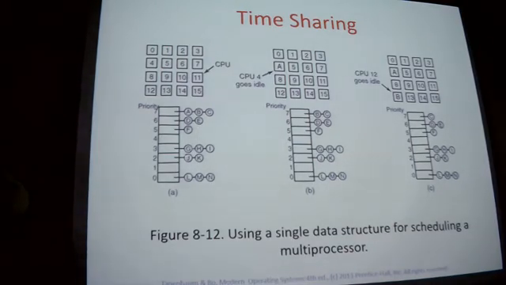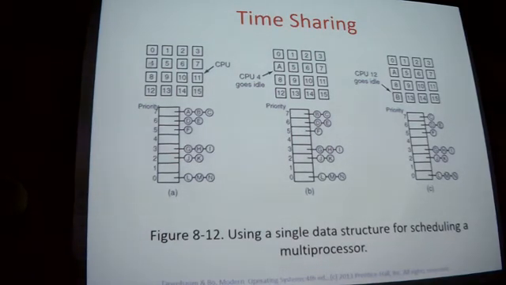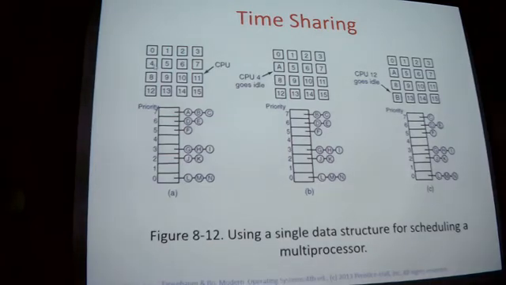In this example, the fourth CPU is idle, so we have to allocate a process to this CPU.